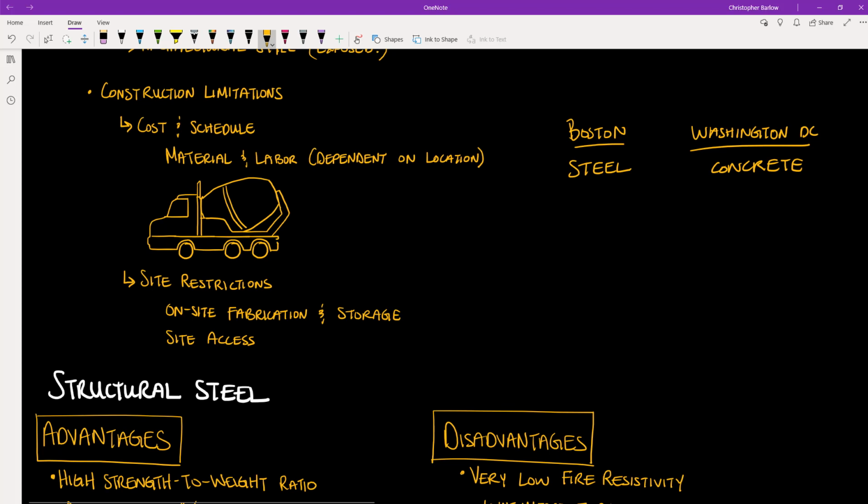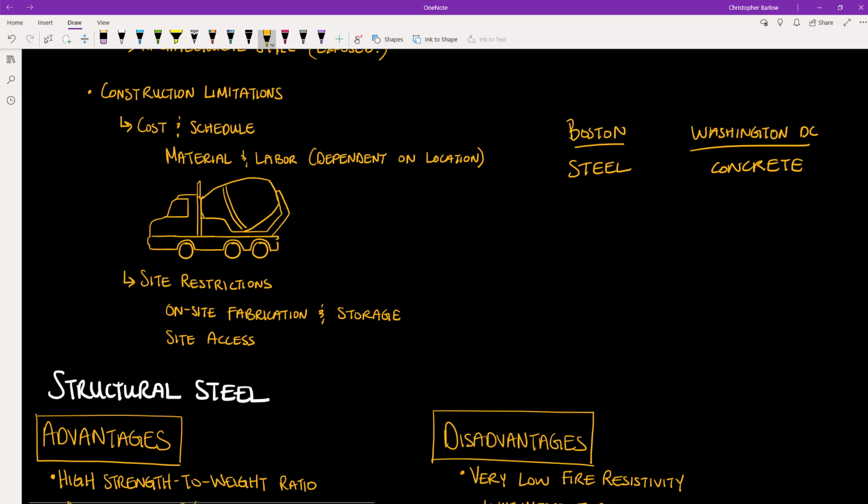And so in Boston we have a lot more steel workers. In DC there are a lot more concrete workers. And so steel buildings tend to come out cheaper in Boston, and in DC concrete buildings tend to come out cheaper. And so the structural engineer needs to pay attention to the location where the building is being built and what type of workforce is available in that area.